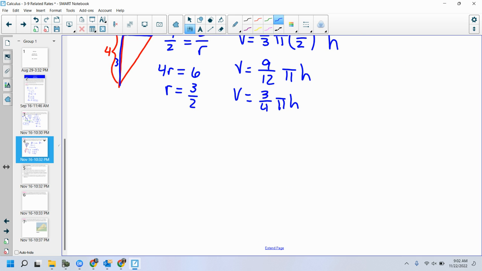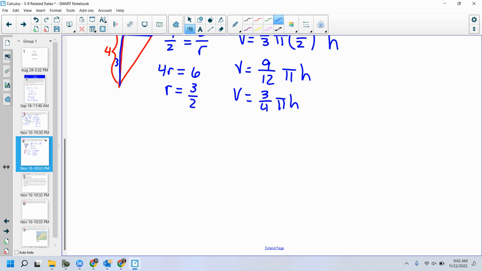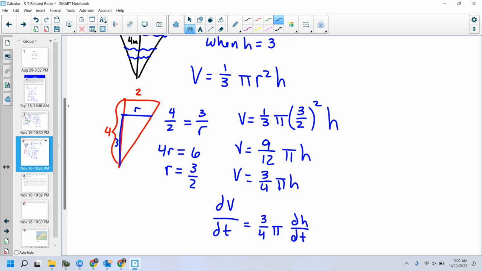Let's find the derivative. Okay, so that means now we have dV/dt is equal to 3/4 pi. Is there anything acting on h? No. dh/dt. Do I know dV/dt?